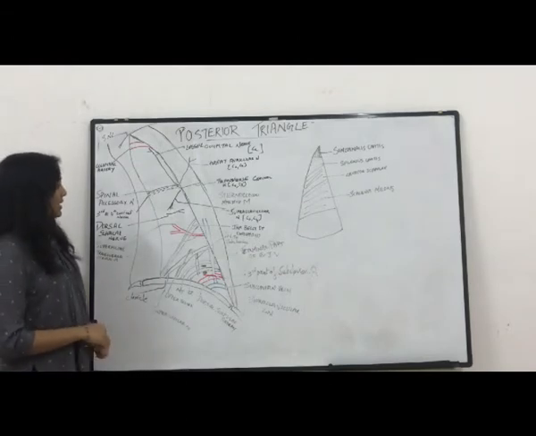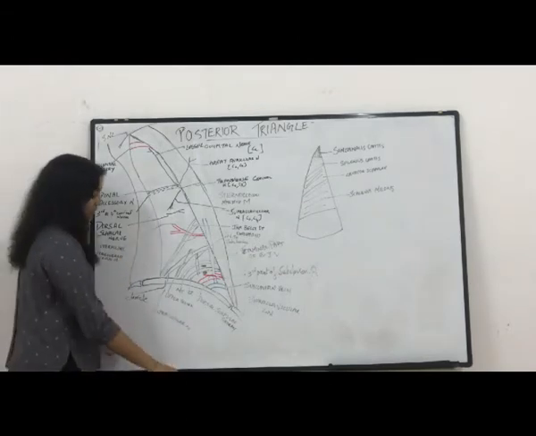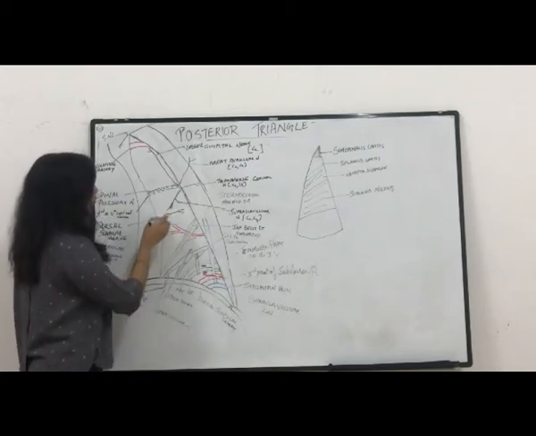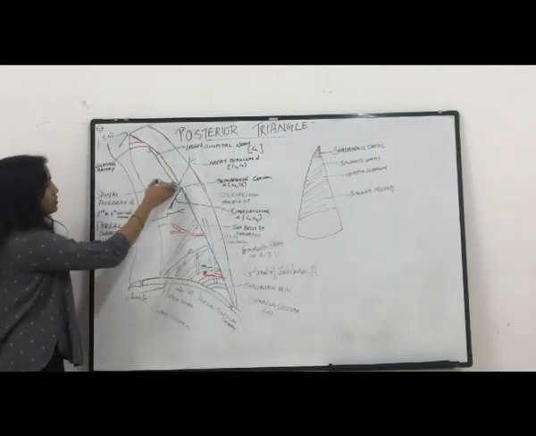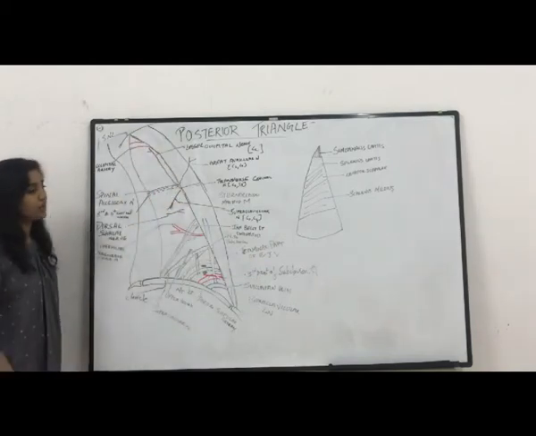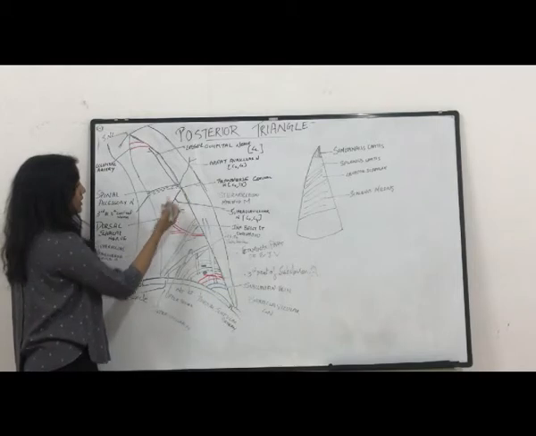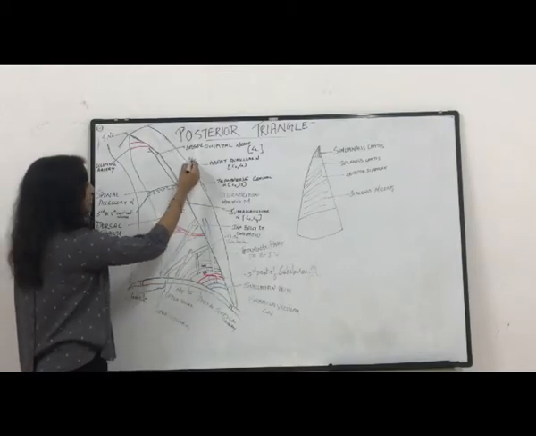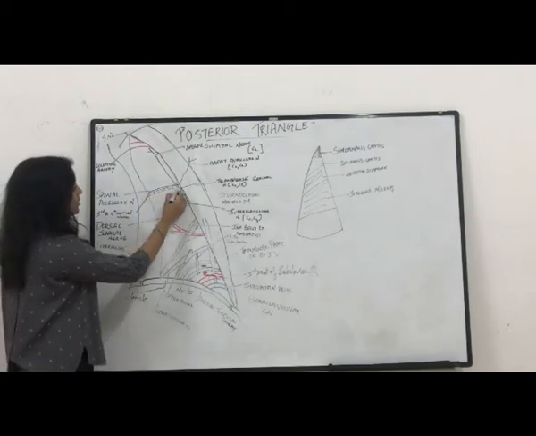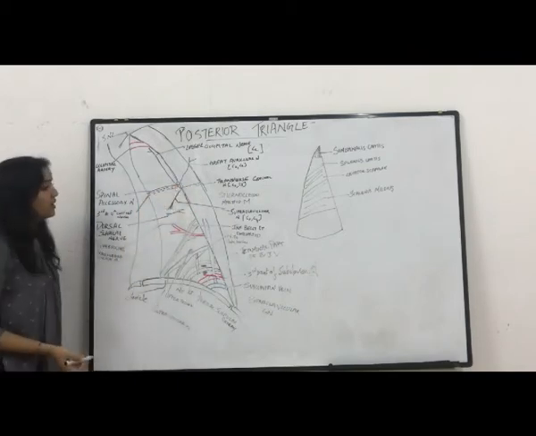And the next clinical aspect is the nerve point of the neck. This is the nerve point of the neck, which is right at the junction between the upper and middle third of the posterior border of the sternocleidomastoid. This is where the four cutaneous branches of the cervical plexus and the spinal accessory nerve join.